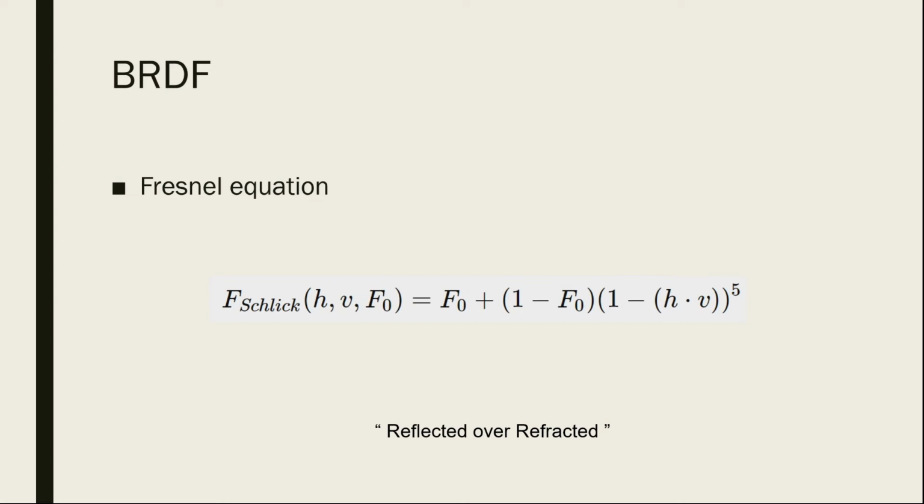Here H, the halfway vector, and V, the view vector, are raised to the power of 5, so it's a lot. And also the F0, it depends on the surface. If the surface has a high F0, it starts with a high value, and the total is 1.